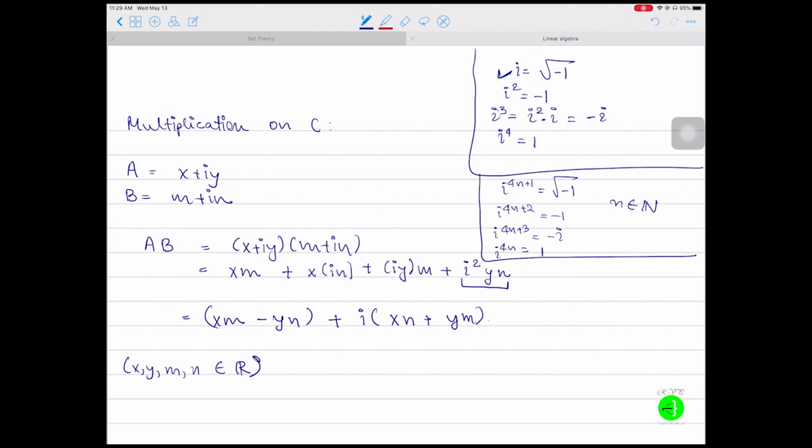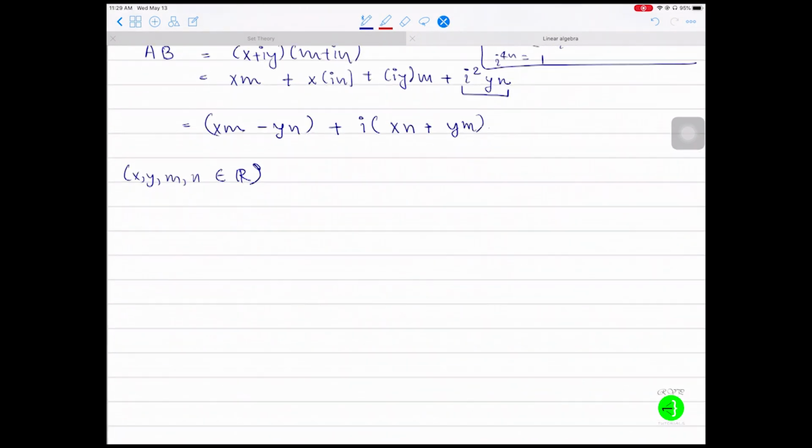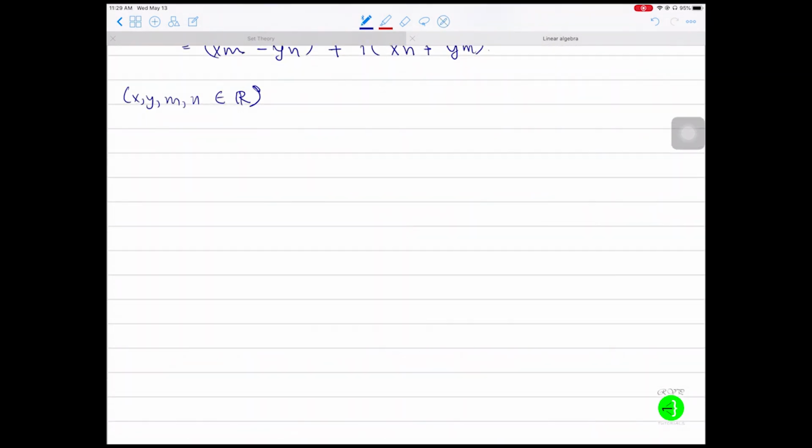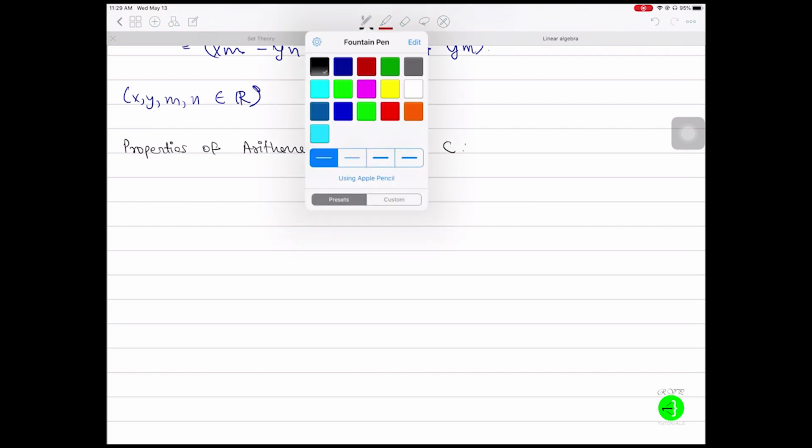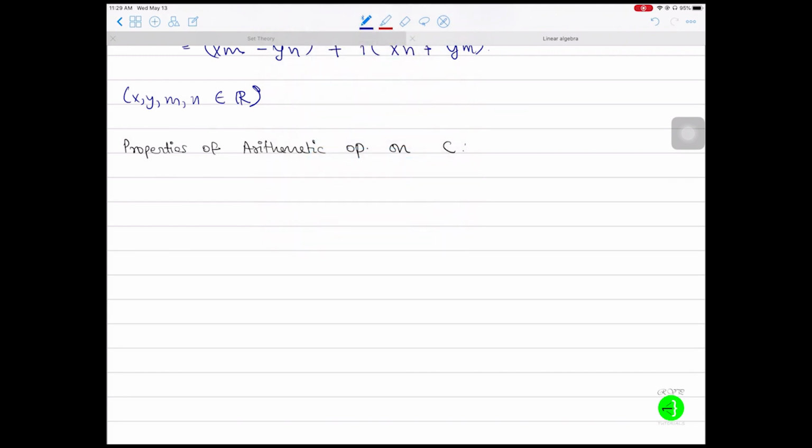Next, let's talk about the properties of arithmetic operations on C. We know that addition on real numbers is commutative, and so is the case with the set of complex numbers.